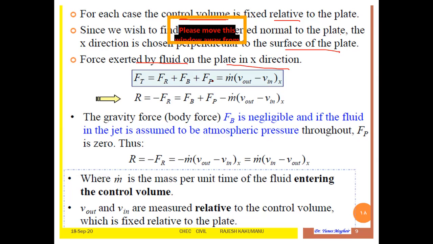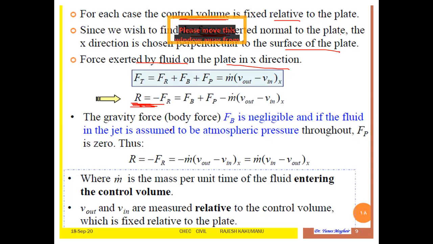That is equal to m times the velocity out minus the velocity in, in the x direction. Then the resultant force R is equal to minus Fr, that is equal to Fb + Fp minus m(V out minus V in) in the x direction. In the earlier class we said it is a negative direction, so that is the minus Fr.